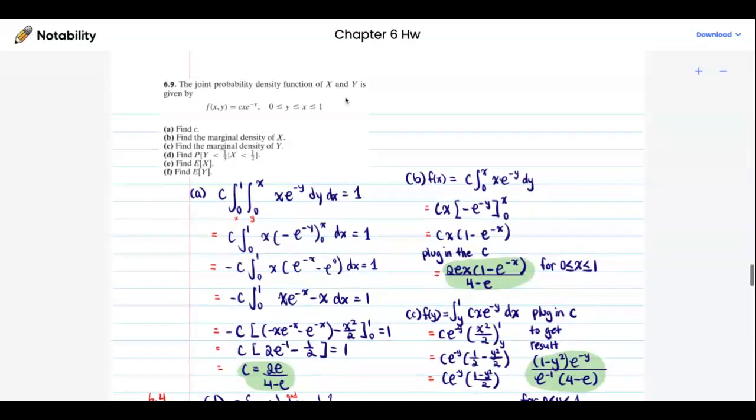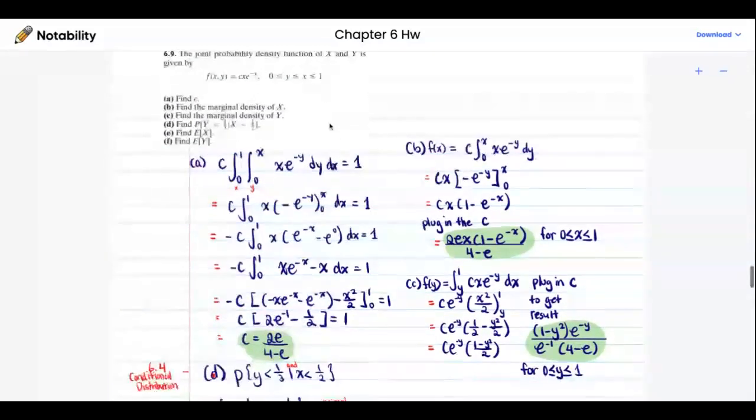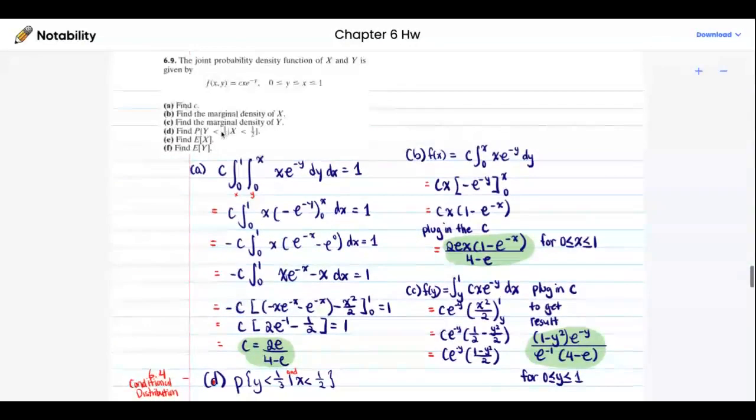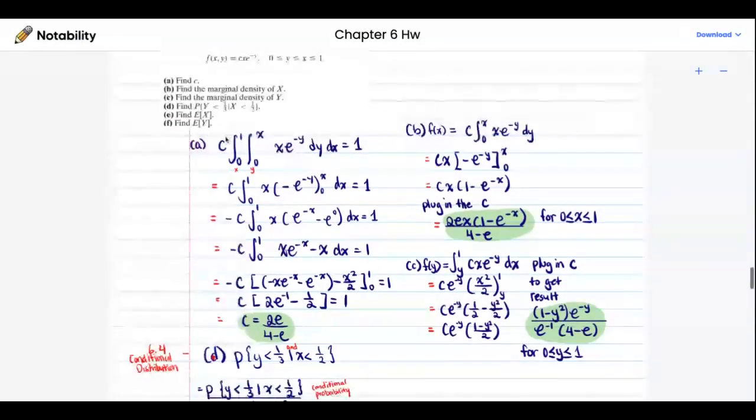Okay. So 6.9: the joint probability density function of X and Y is given by f(x,y) equals c times x times e to the negative y, for 0 less than or equal to y, less than or equal to x, less than or equal to 1. For part A, we have to find c.